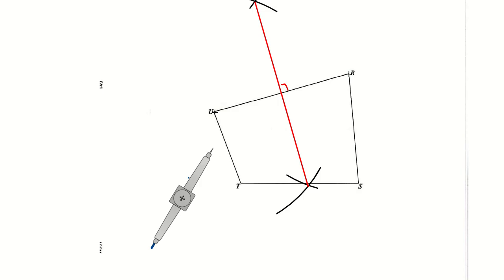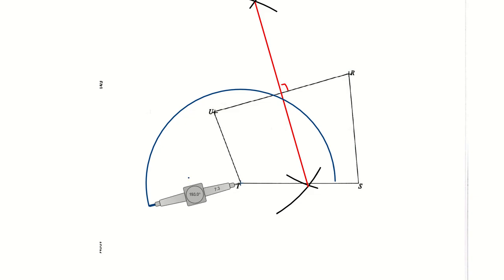You're looking at line ST. So you're going to put it here, at T. I'm just going to switch it around to make sure. Yes. So I am going to first draw an arc. Alright, and then from this line, L, S, T.